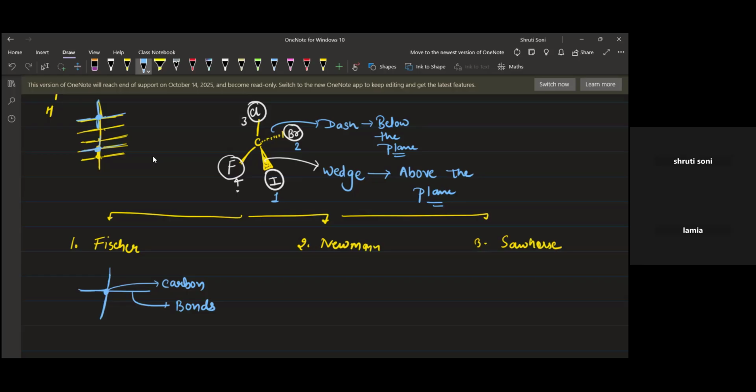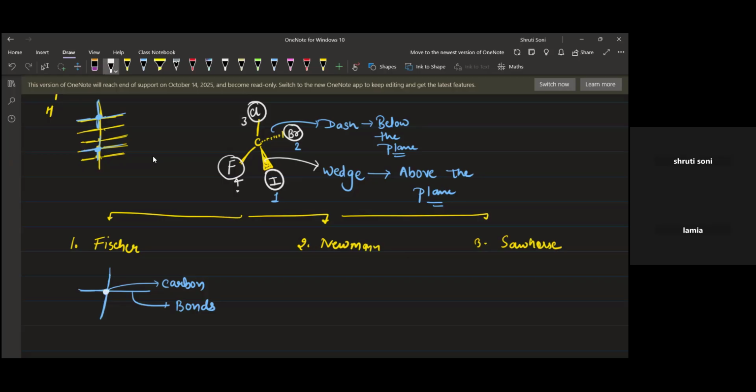One, two, three, and four. So each carbon atom has four lines. Done up to now? Okay. So that's how Fisher will represent. It represents lines, and the lines are crossing over where the carbon lies.